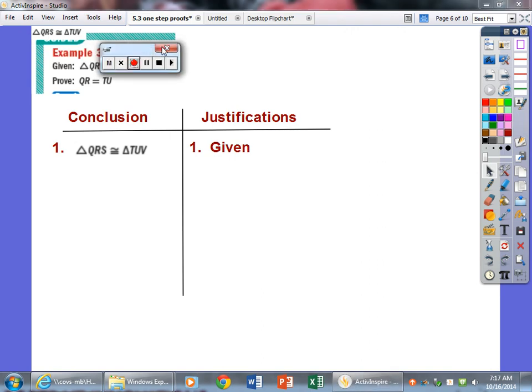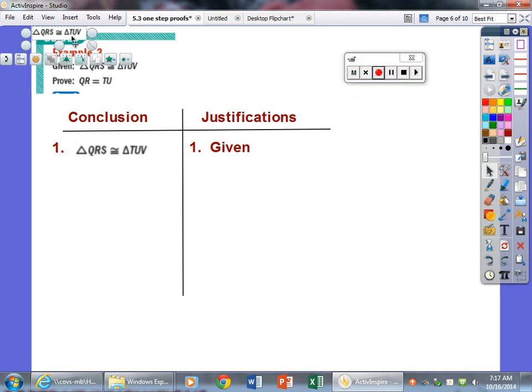Okay, so here is an example from your book, and in this example, what they gave us is a triangle QRS that's congruent to a triangle TUV.